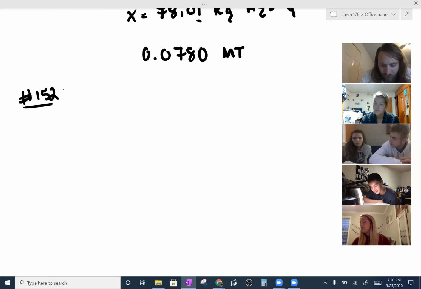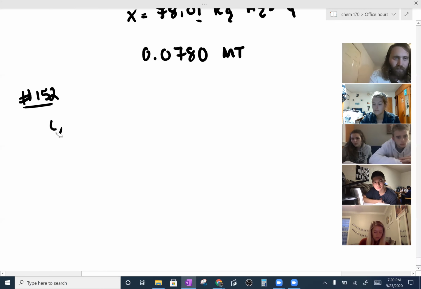Okay, so we have some compound that we're burning and reacting with different things to form different products. And this compound is formed with carbon, hydrogen, nitrogen, and oxygen.